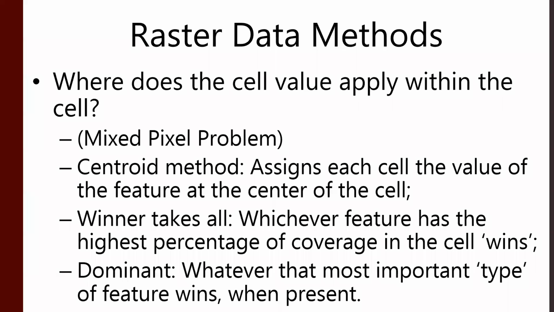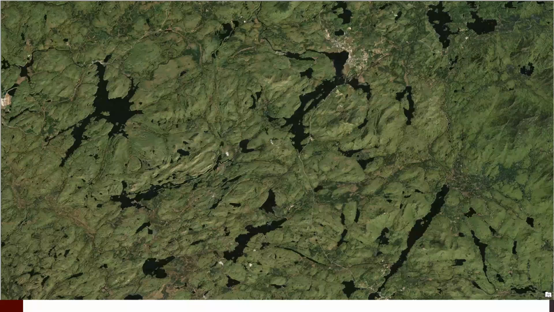If there's any water in that cell, it's got to be in my reclassified raster. Or maybe you're just trying to figure out what has the best coverage. And so you might say something like, okay, well, I'm just interested in whatever is the highest percentage. So whatever's 51%, turn the pixel that way.